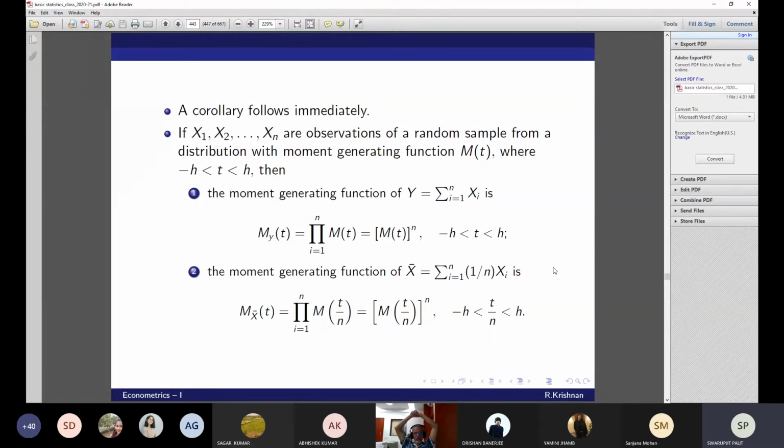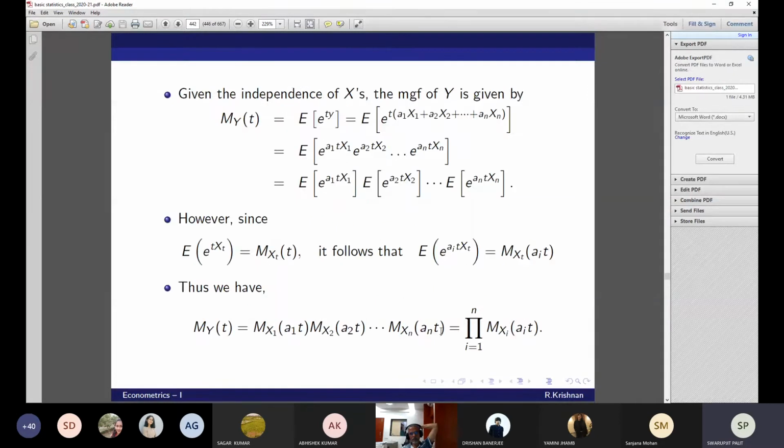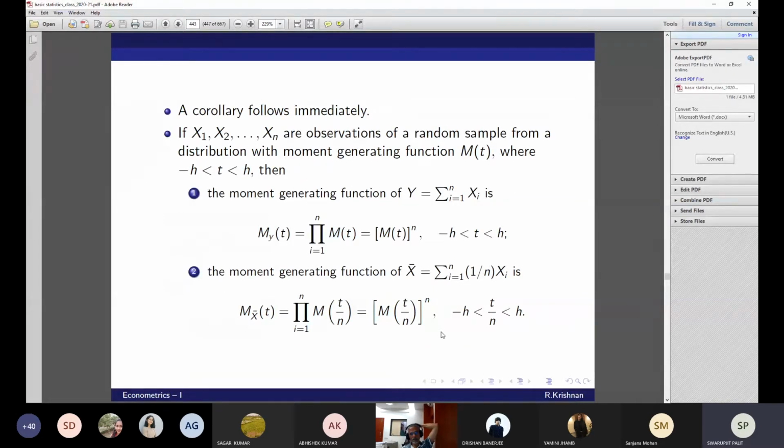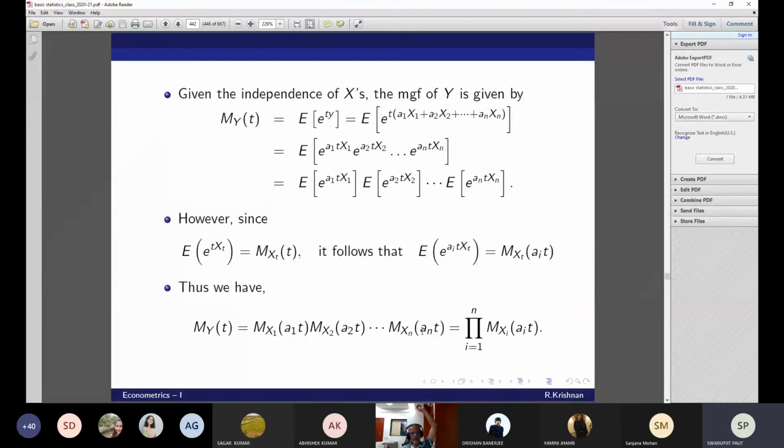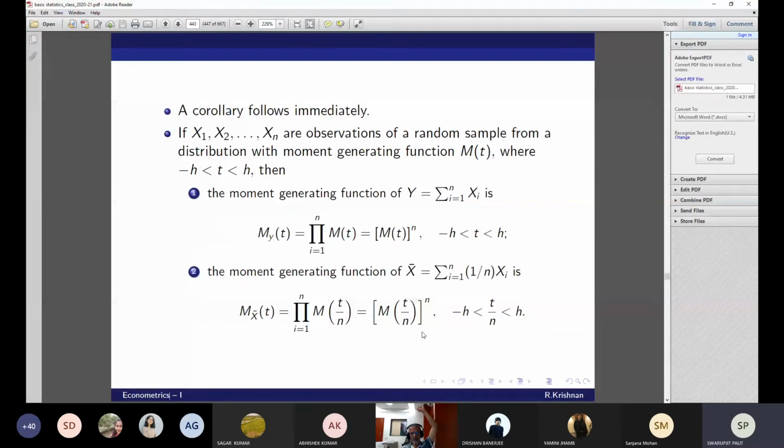Is it a combination, t choose n? It is t by n, not a combination. It follows from the corollary above.